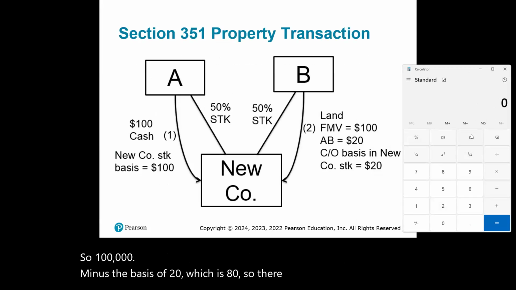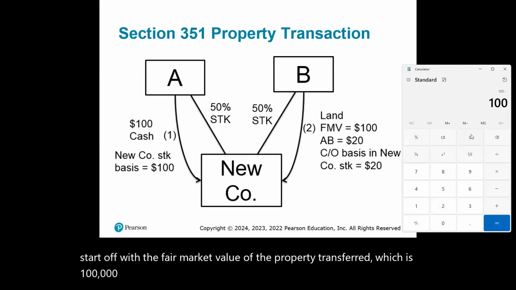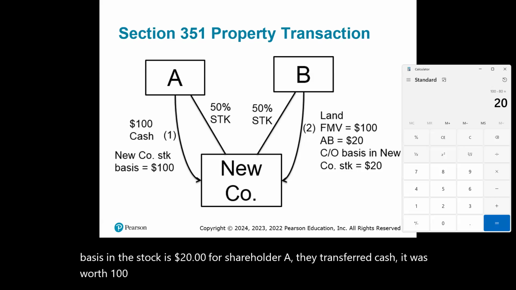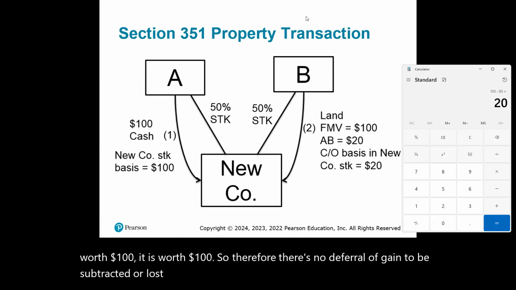Based on the calculation, we start off with the fair market value of the property transferred, which is 100,000, and we subtract the deferred gain of 80,000, and that is why the basis in the stock is $20,000. For shareholder A, they transferred cash. It was worth $100. It is worth $100. Therefore, there's no deferral of gain to be subtracted or loss to be added.